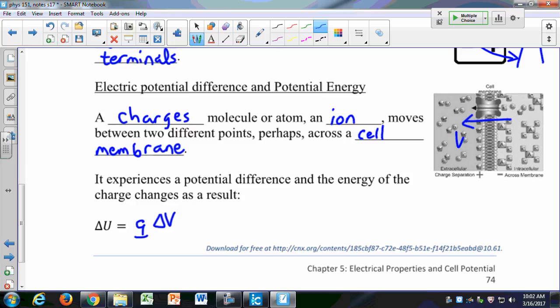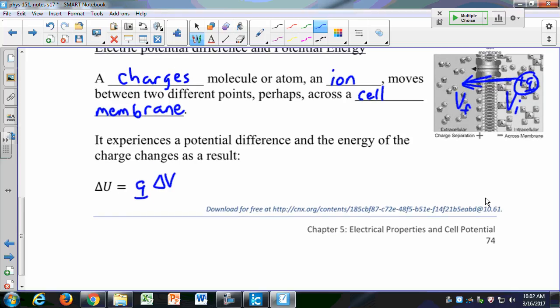I have my V final on this side, my V initial on this side, my charge moving from here over to there. It's going to experience a change in energy because it's moving across this change in potential. In some cases, it might gain energy, that is, if delta V is positive and Q is positive, or sometimes it might lose energy, that is, if delta V is negative and Q is positive, or vice versa.